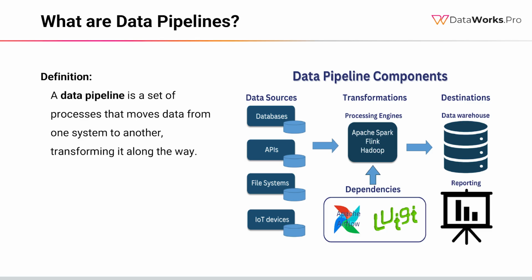The pipelines can be quite simple, like copying data from Excel to a database, or even complex, like real-time stock market data flowing into dashboards then and there itself. Without pipelines, it is impossible to move big data safely.